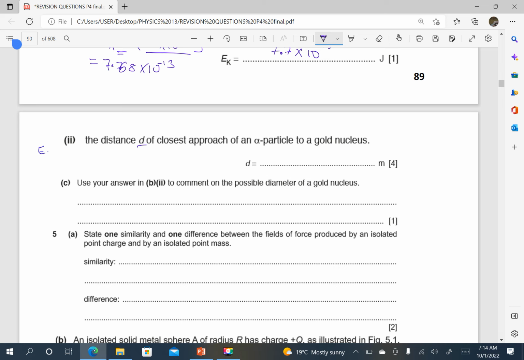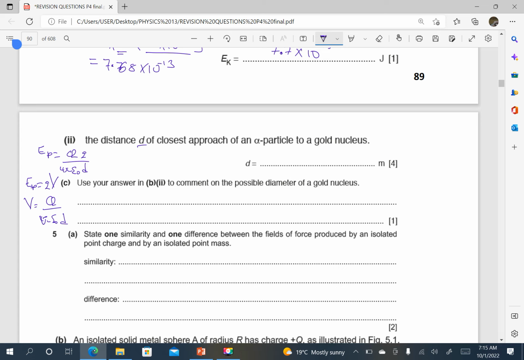Potential energy is the small charge q times the potential V, where V is given by Q divided by 4 pi epsilon naught d. So potential energy is Qq over 4 pi epsilon naught d.